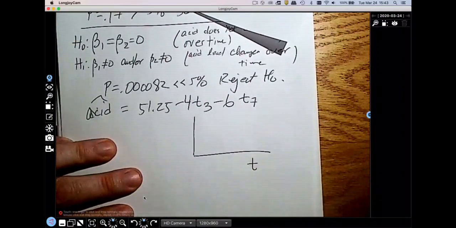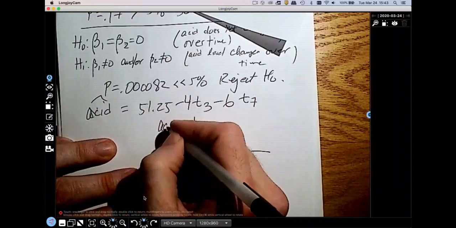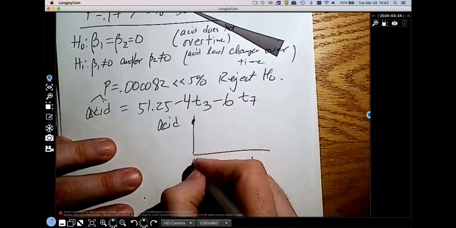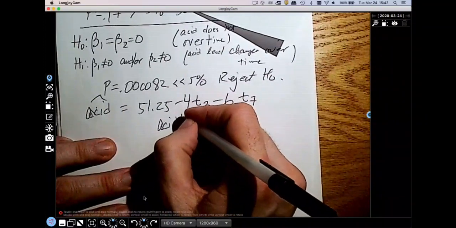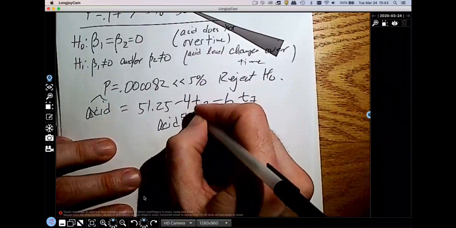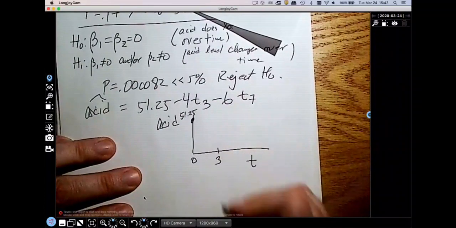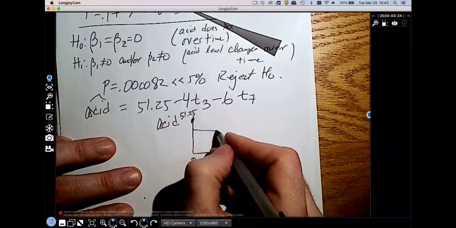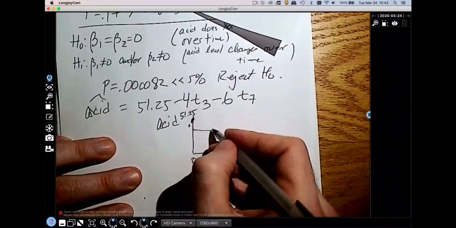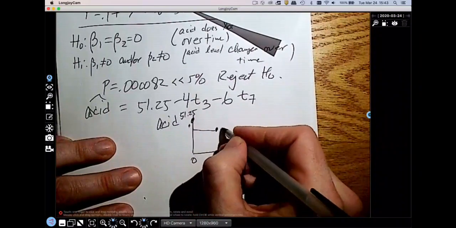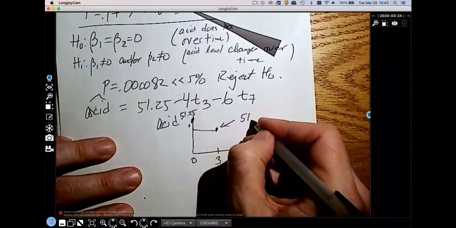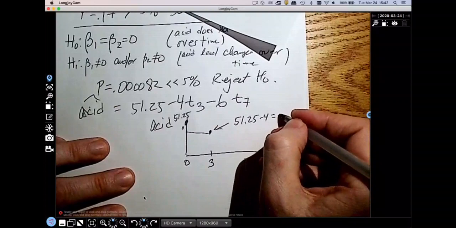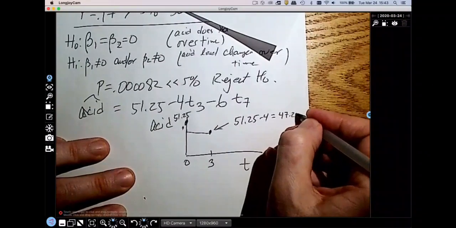So here's T. Here is your acid level. And so what it says is that at time 0, the average acid level is 51.25. If you wait 3 days, the acid level is going to drop by 4. So this value would be 51.25 minus 4, which would be 47.25.